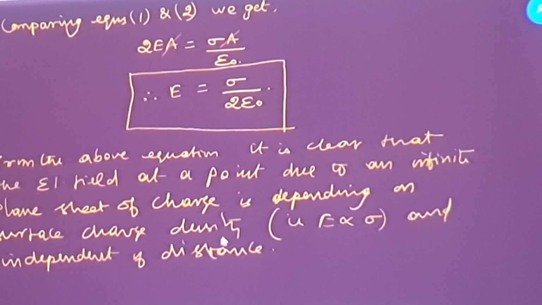So we can say at any point at any distance from the plane sheet, electrical field is considered to be the same. It is not depending on the distance. Whether the point considered is nearer or far away, the electrical field is taken to be the same.